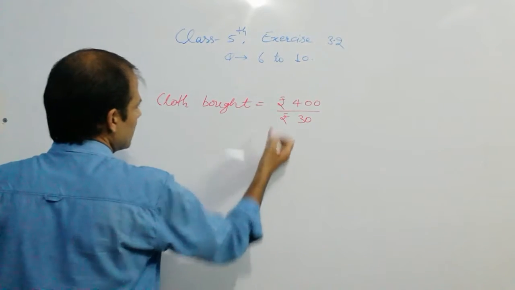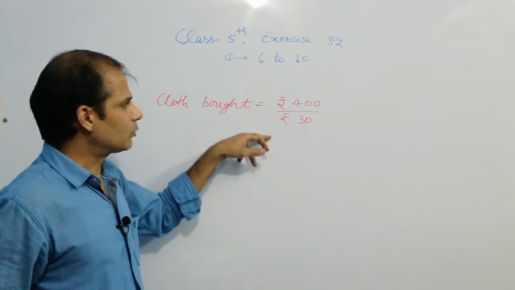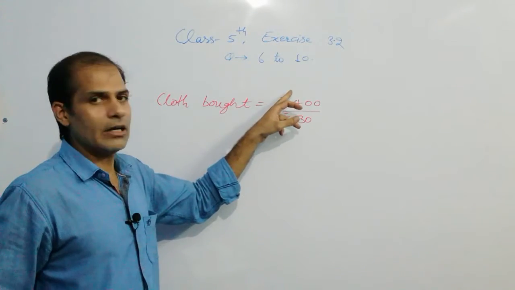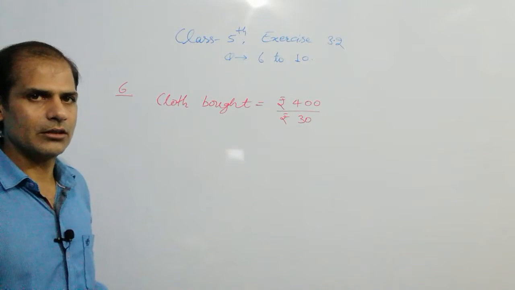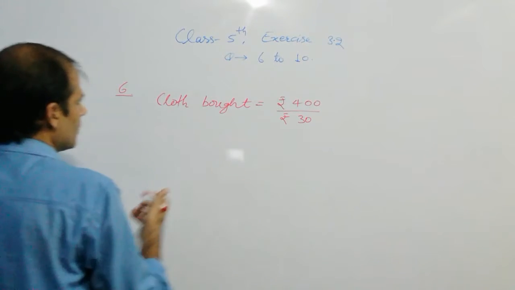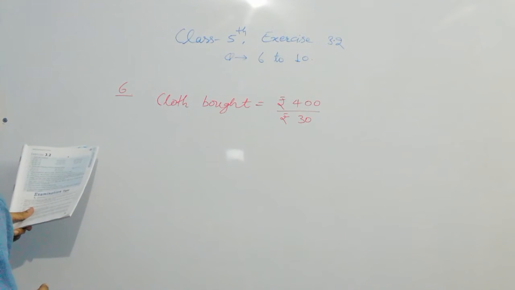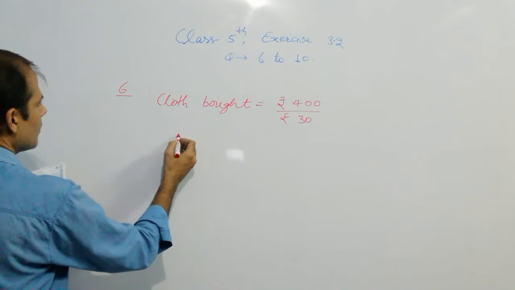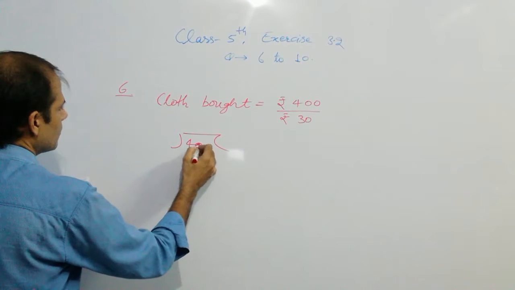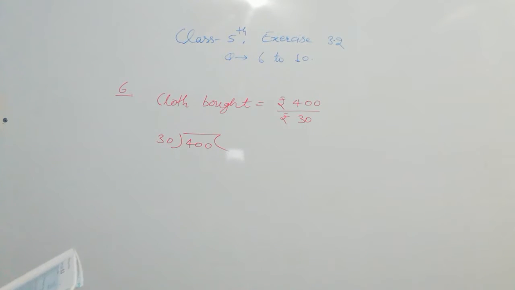So rupees and rupees are cancelled because we are dividing a quantity of one unit by a quantity of the same unit. So the units are cancelled. Now in this way we have to perform the division.